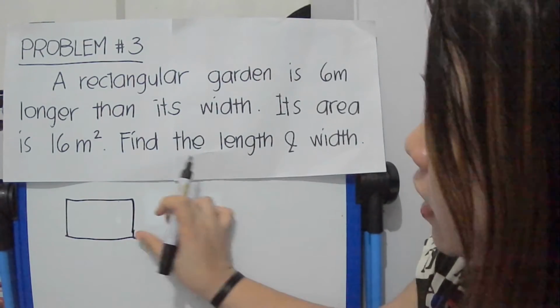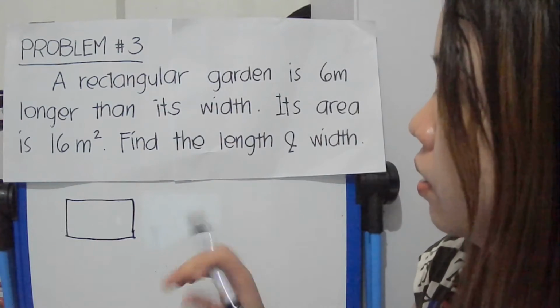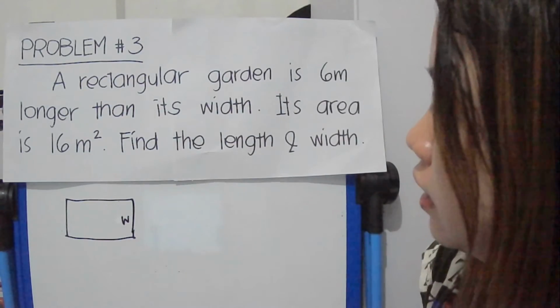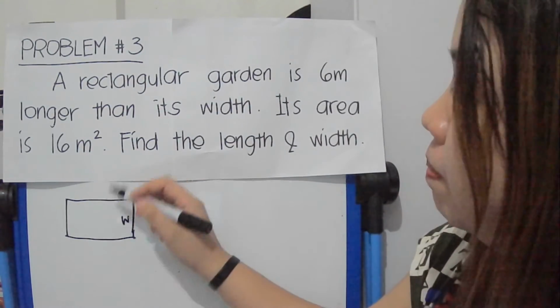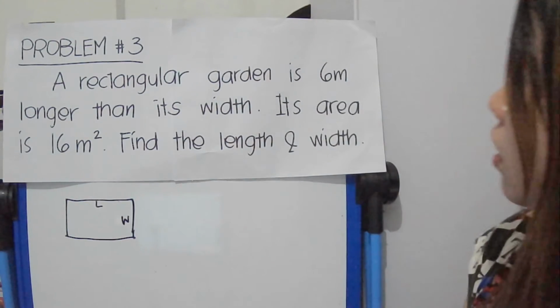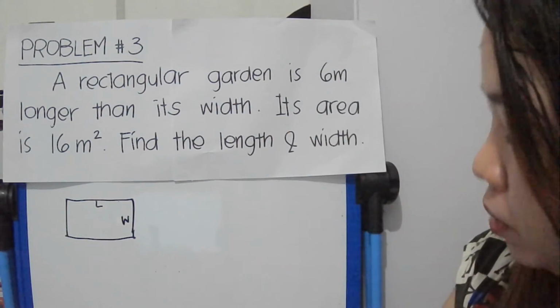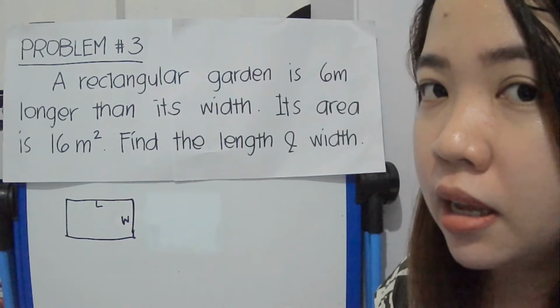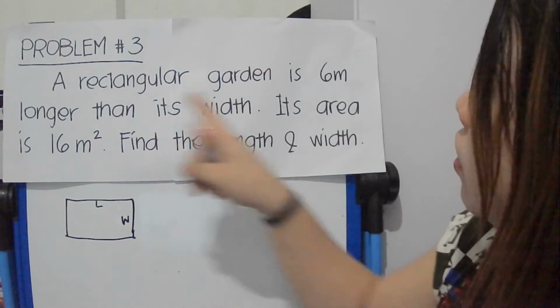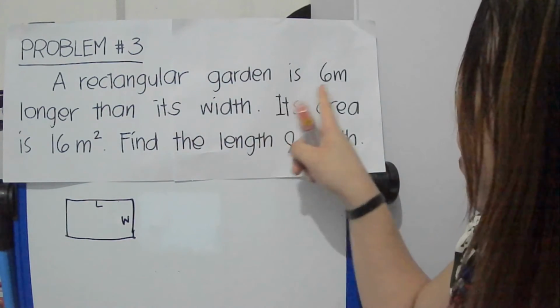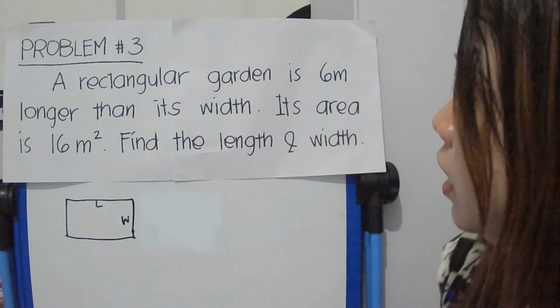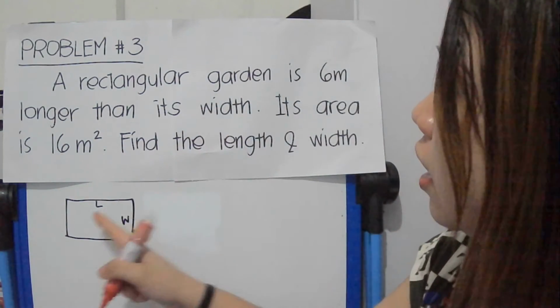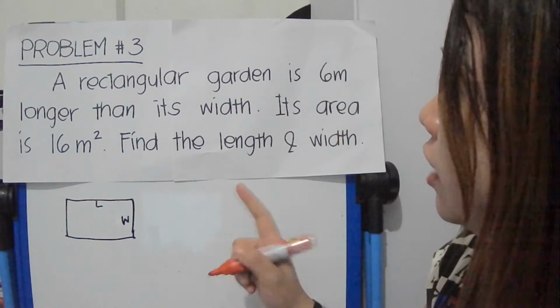Then, identify mo, nasaan dyan si width. So, we all know na si width yung mas maliit ang length. Tapos, si length yung mas mahaba. Tapos, identify mo kung ano naman yung ginamit na given para sa kanila. So, yung garden daw ay 6 meters longer than its width. Yung length ng rectangular garden ay 6 meters longer than its width.